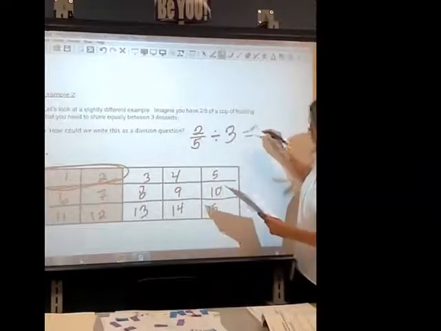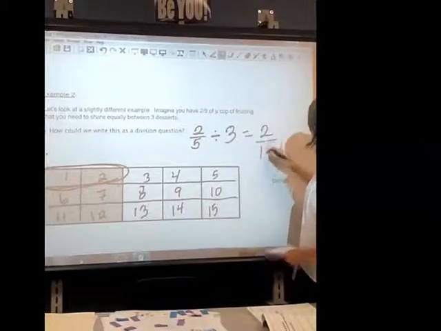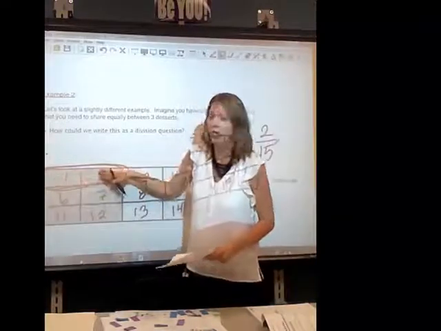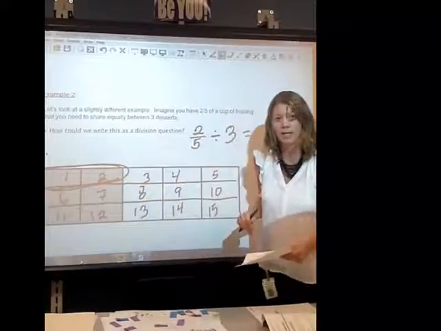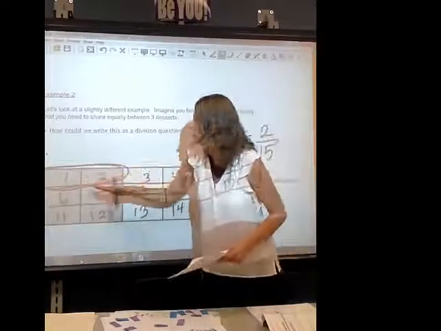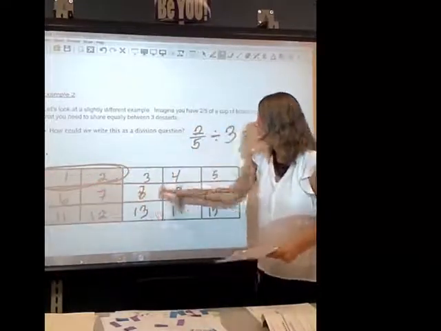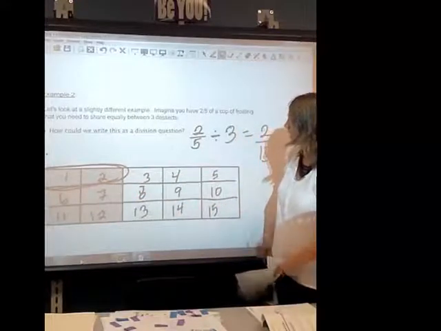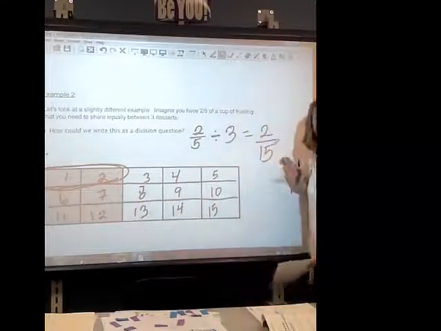So my answer would be 2/15. Again, here's my 2, which is 1/3 of the 2/5 that I started with. The whole thing is the fifths. So again, the answer is 2/15.